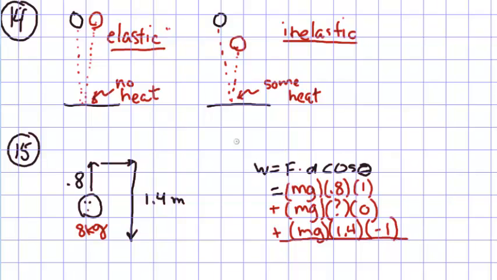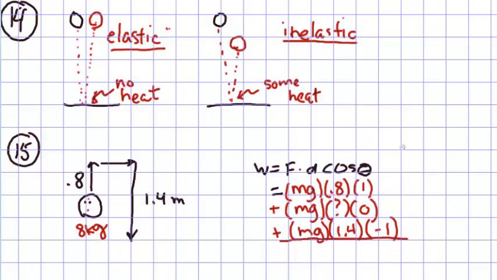Or if you're clever, you can just simply take the shortcut and just go straight down from a height of 0.6 to a height of 0, because it doesn't matter how you get there. Remember, the work done is independent of the path, so may as well just go straight down, and it's the same amount of work.